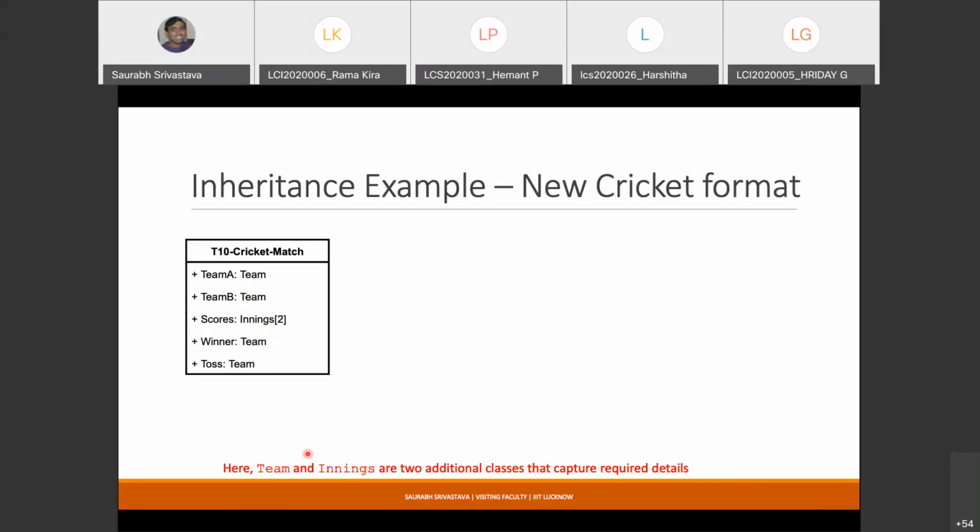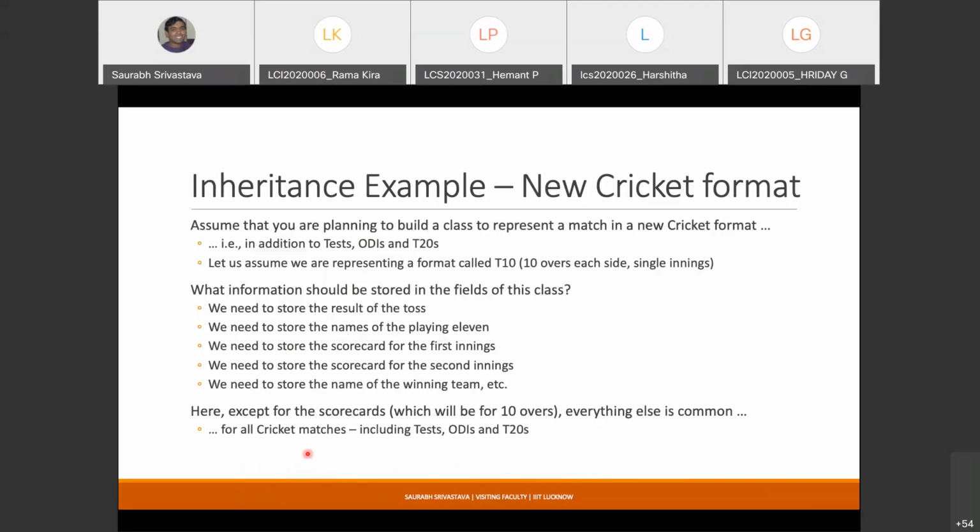So now assume that you're planning to represent this for some purpose, and whatever system you are going to build also has these classes, or you are supposed to create classes for test, ODIs and T20s as well. This is where things become a little interesting, because all these are essentially a form of cricket, there are a lot of things common to these formats.